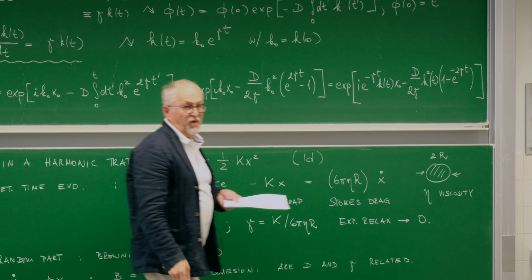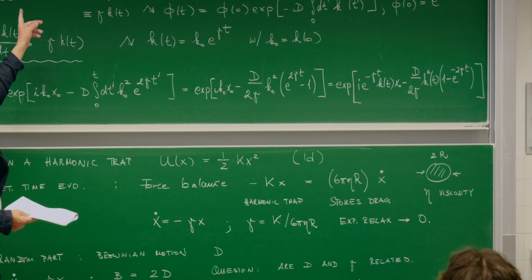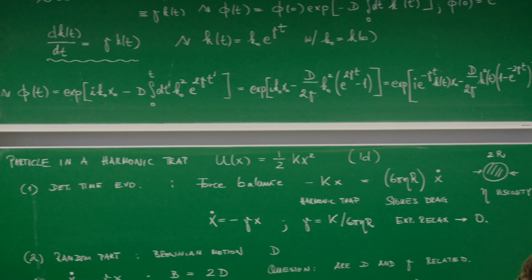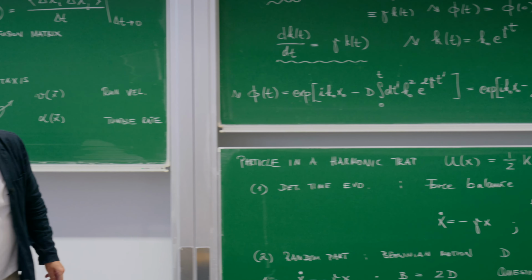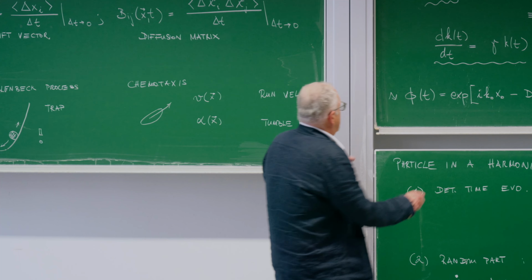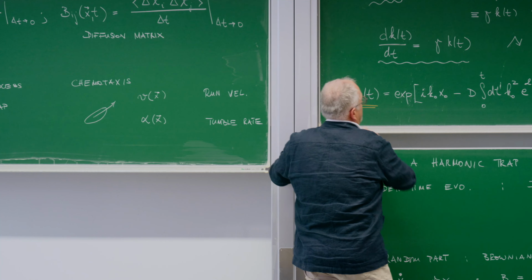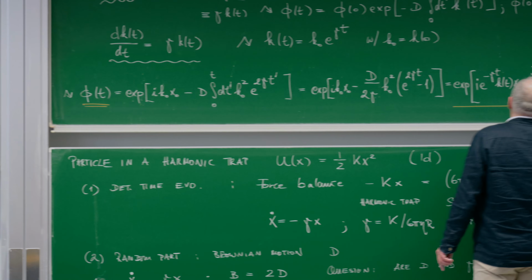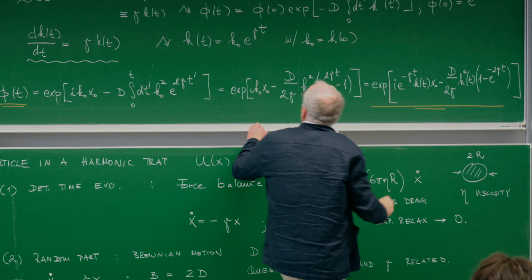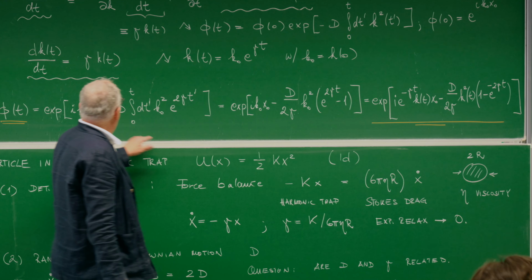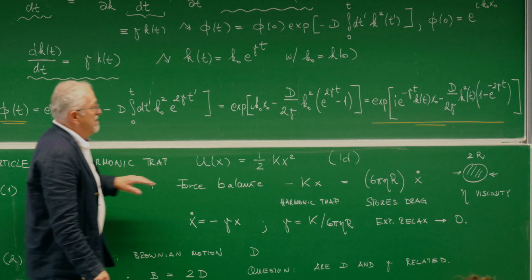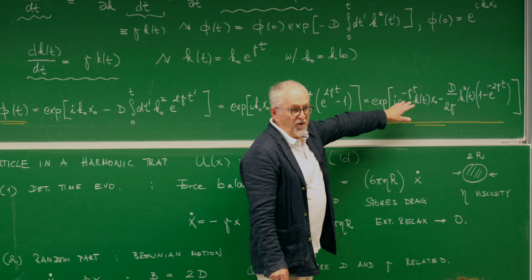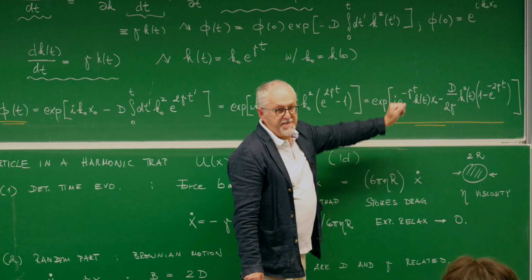So I wrote it in the form such that it matches the ansatz that I started out from. And now I do have a solution because this object that we calculated, I've written in this form, and that means my function φ of k and t is given by the exponent of the right-hand side.